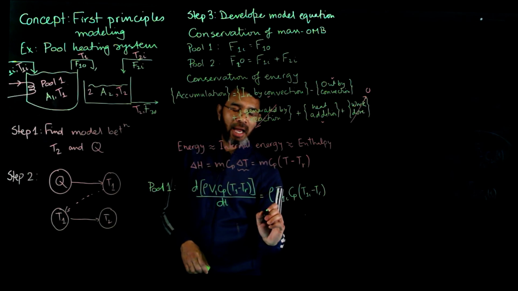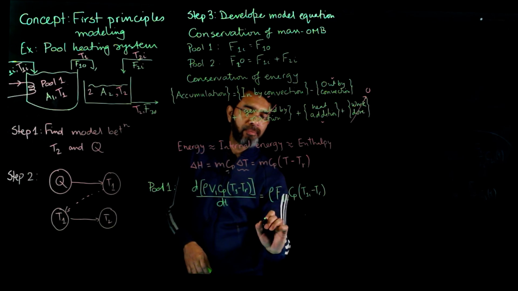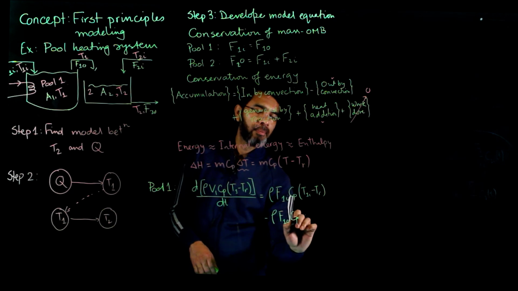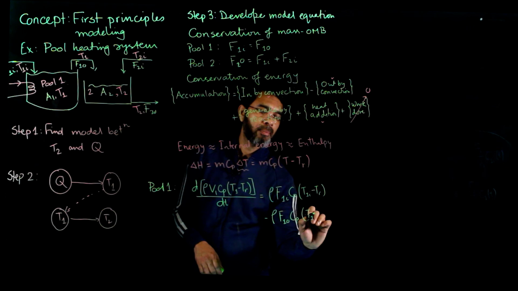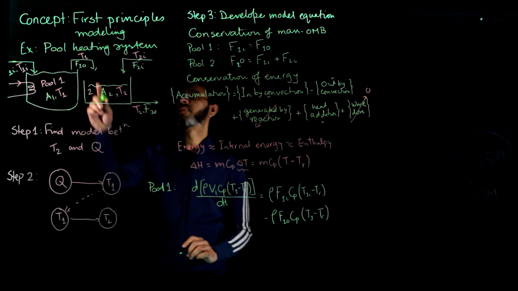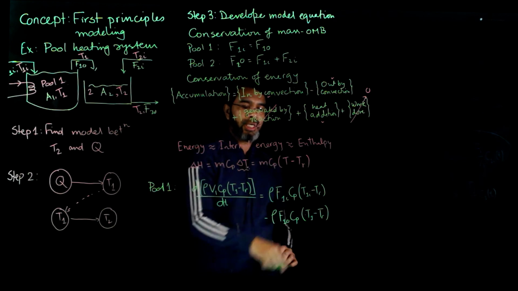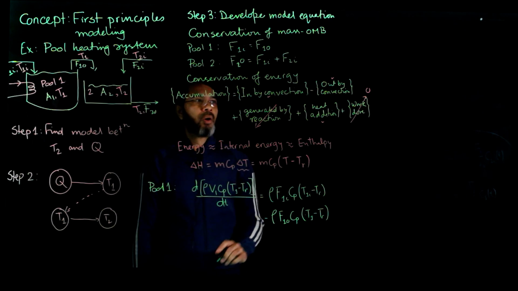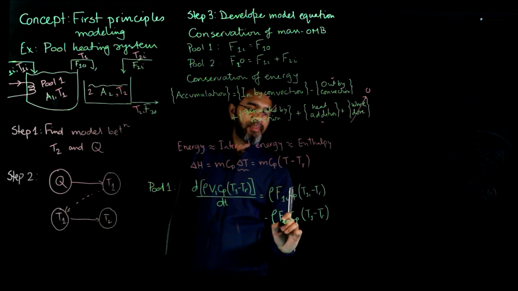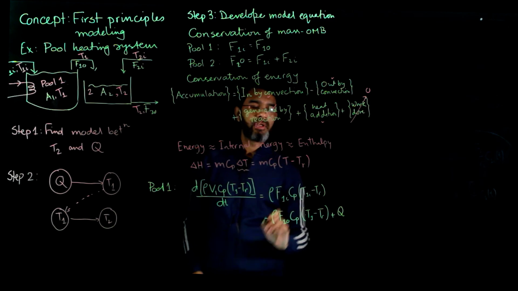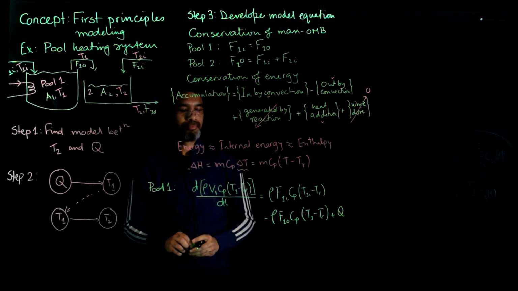So what's the energy out by convection? Same way, the temperature of this stream is the same as the temperature here, so that's T1 minus Tr, and then we have the heat addition term simply expressed as Q with proper unit. Okay. So that's for the first pool.